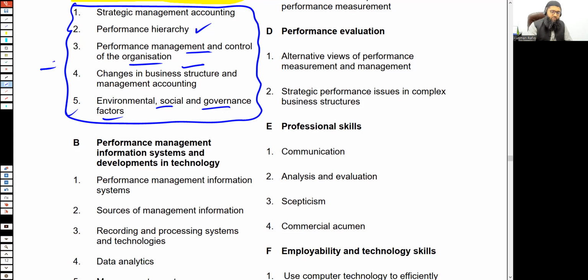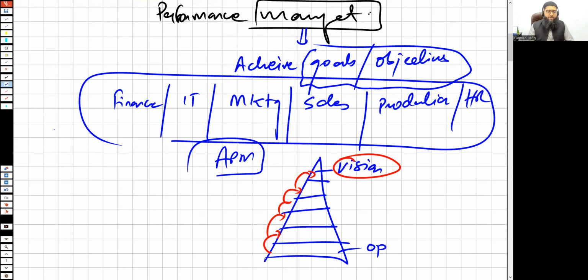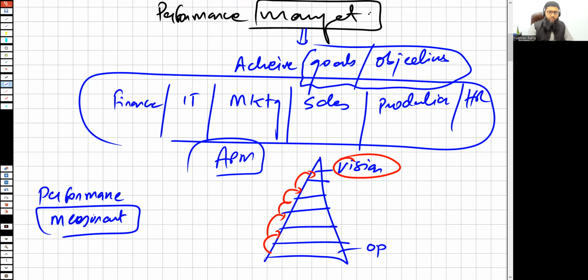The second aspect is performance management and information systems, and developments in technology. Let me guide you on something. There's a very important terminology: performance measurement.